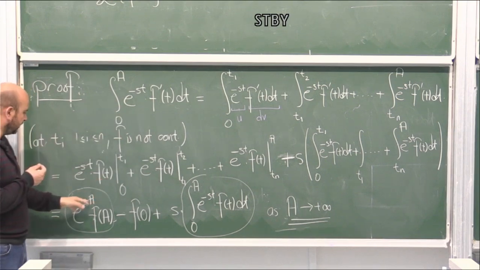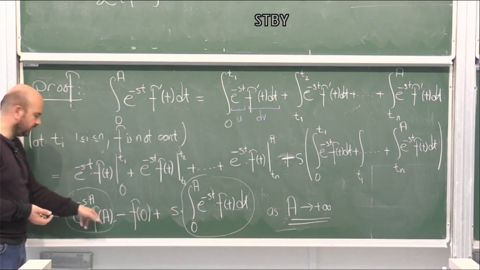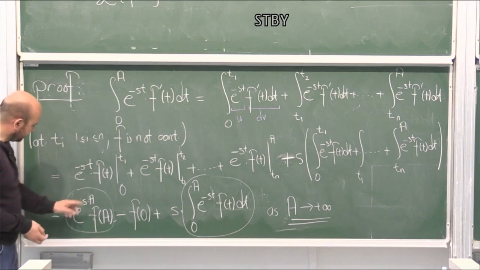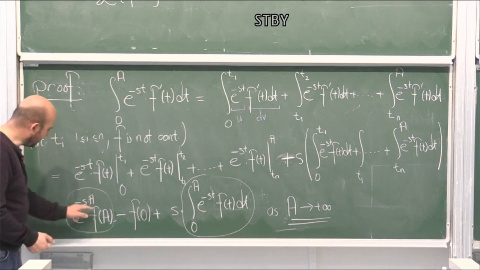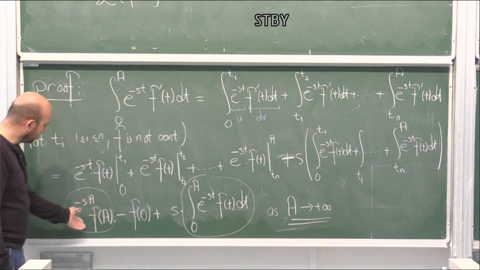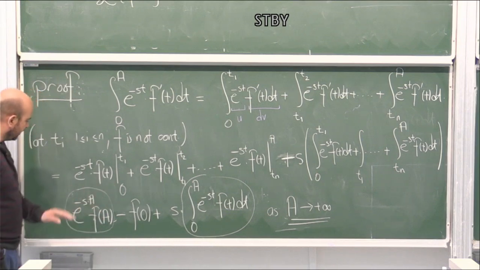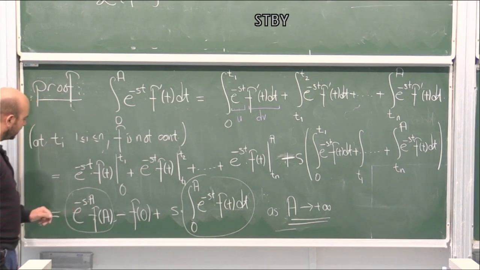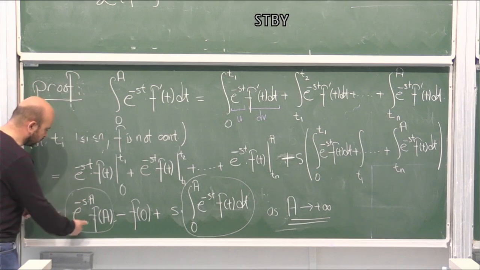If it goes to infinity, and f of a goes to infinity, there is nothing to stop it. So only if this part goes to 0, then this may go to a number, it may go to 0, it may go to infinity, whatever. In any case, this must go to 0. If this goes to infinity, then there is no way we can stop this. So that's the reason this must go to 0.